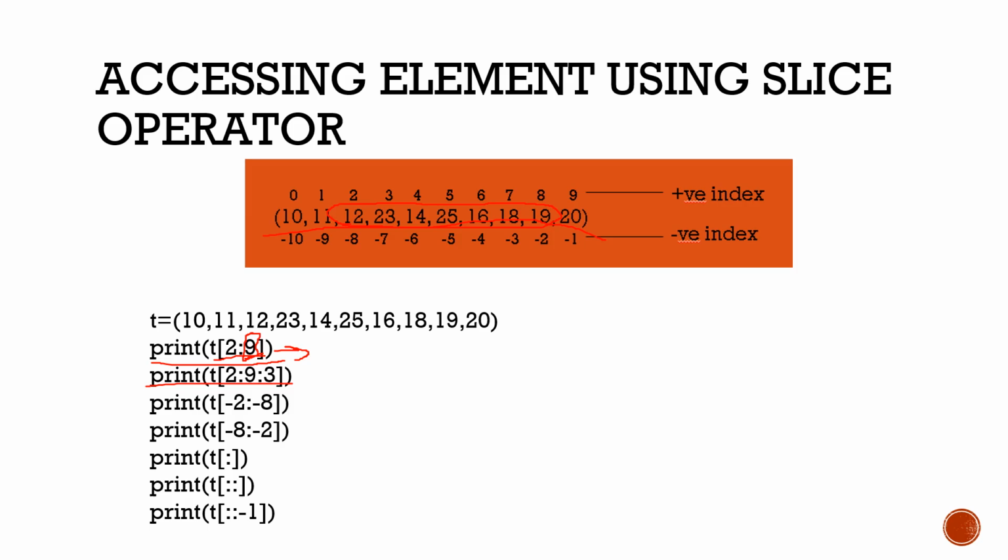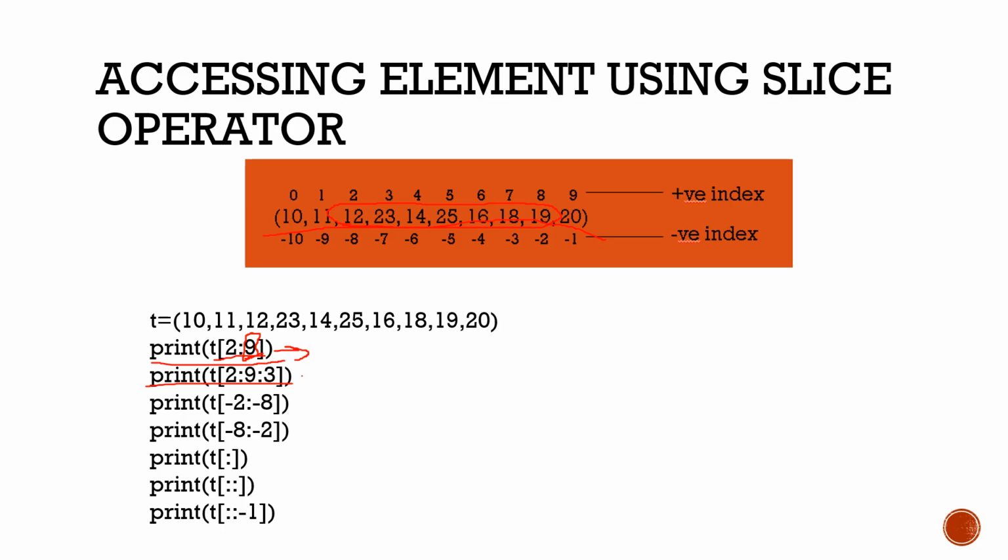For the second one, what I want is to start with 2, end at 9, where 9 is an excluding value, and I want to jump by 3, which means after 2 I want to jump towards 5, because 2 plus 3 becomes 5.